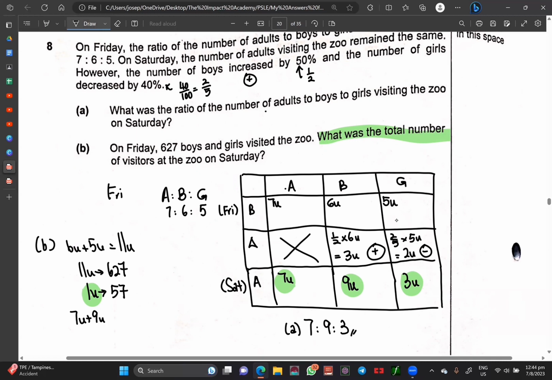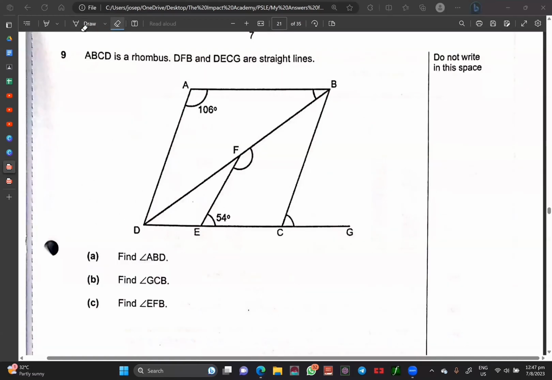I will just write it out first. This is 19 units, and how do I get from 1 to 19? We times 19. When I do something to my left, I must do something to my right, so I times 19 as well. So 57 times 19 gives 1083, and this is my answer for part B. So let's move on to the next question.